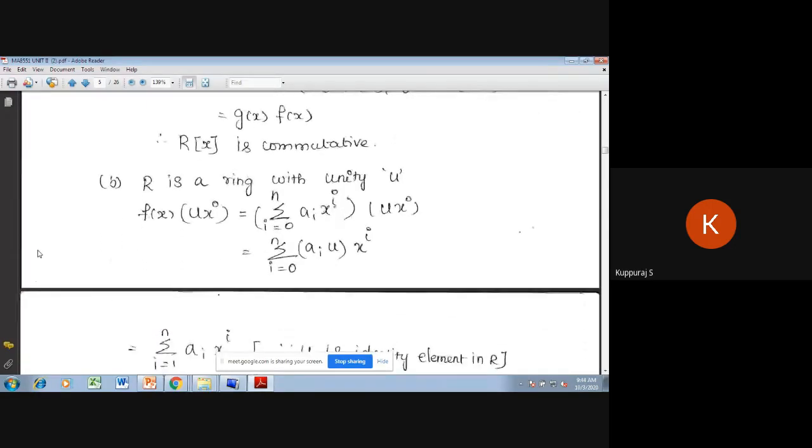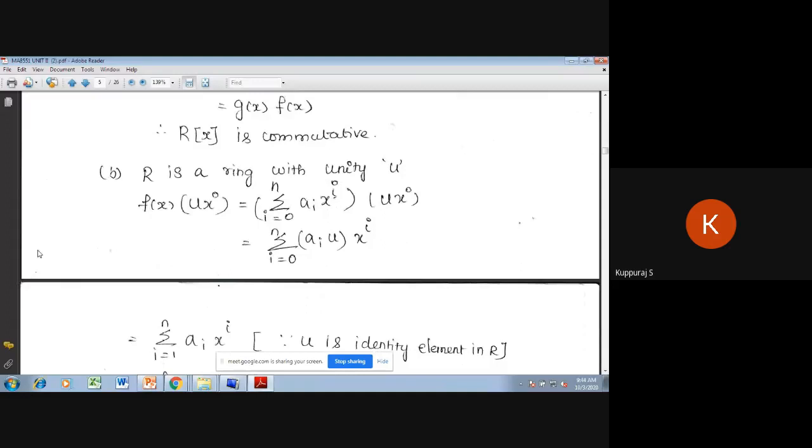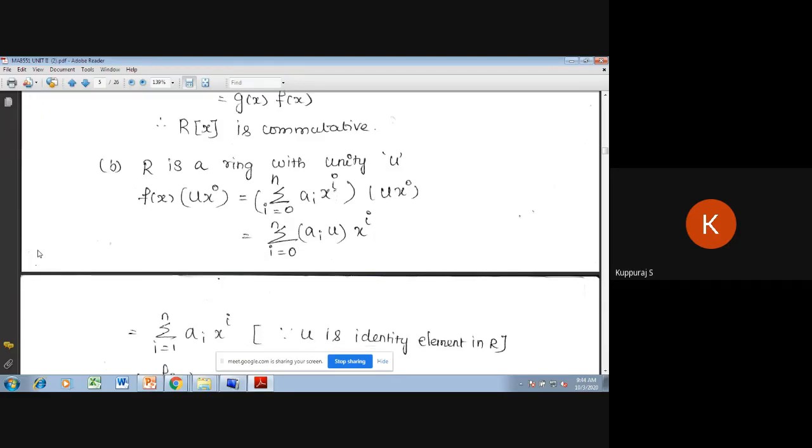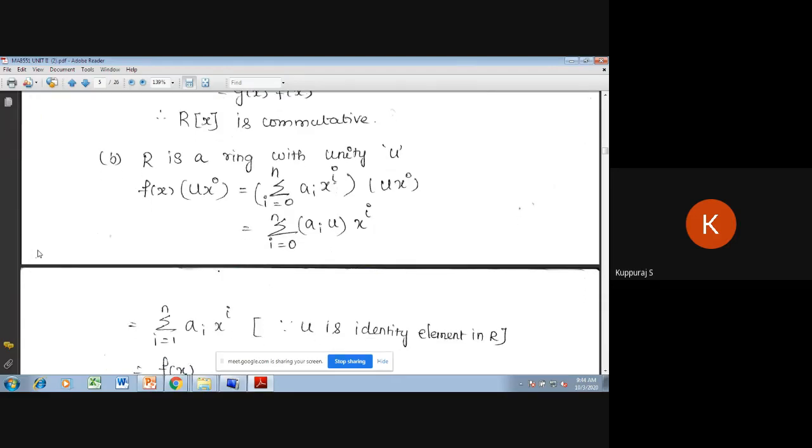If any element is multiplied with the identity element, the product of the element and the identity element is equal to that element. So ai into u is ai, since u is the unity in R. So the summation i equals 1 to n of ai into x power i is f of x.